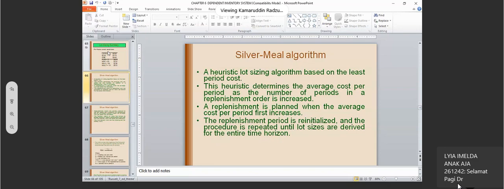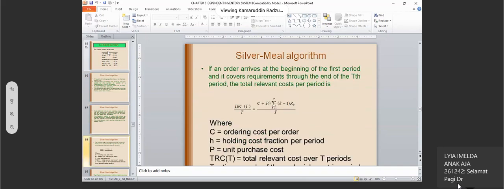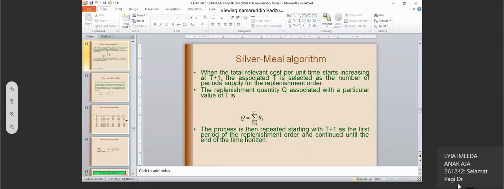So, let me see how the Silver-Meal algorithm works to determine the order quantity in developing the MRP table.